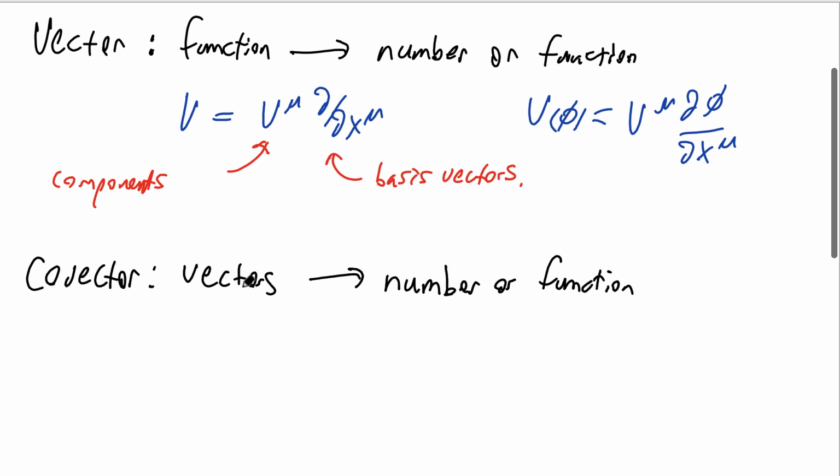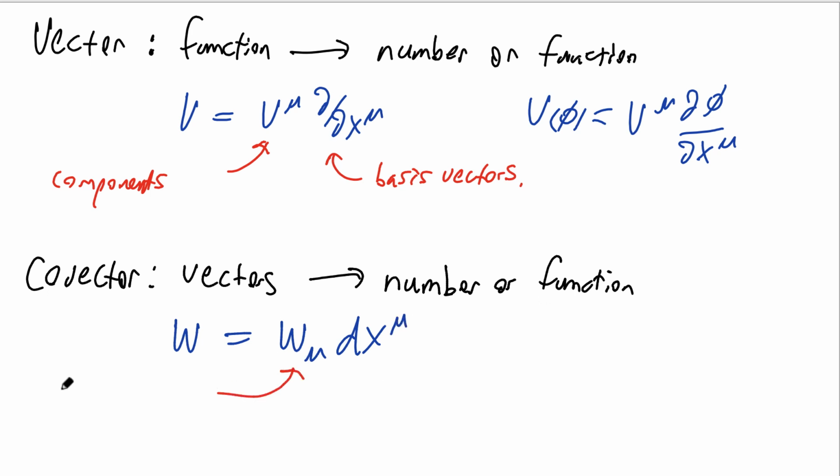A field of covectors will map a field of vectors to a function. If W is a covector, we can always expand this covector as a linear combination of basis covectors. So here W sub mu are the components of the covector, and dx mu are the basis covectors.